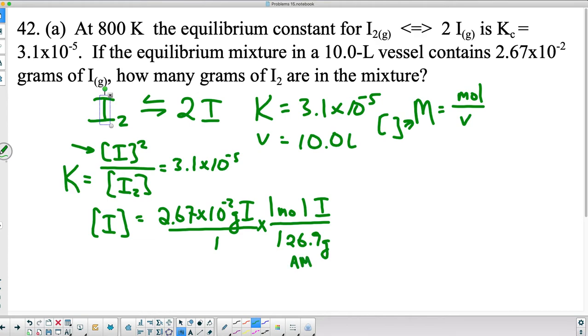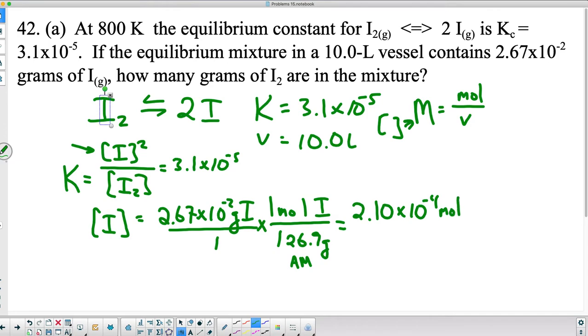When I take the 2.67 times 10 to the negative 2 and divide that by 126.9, it's going to be a pretty small number, and what I get is 2.10 times 10 to the negative fourth, and that's the number of moles.